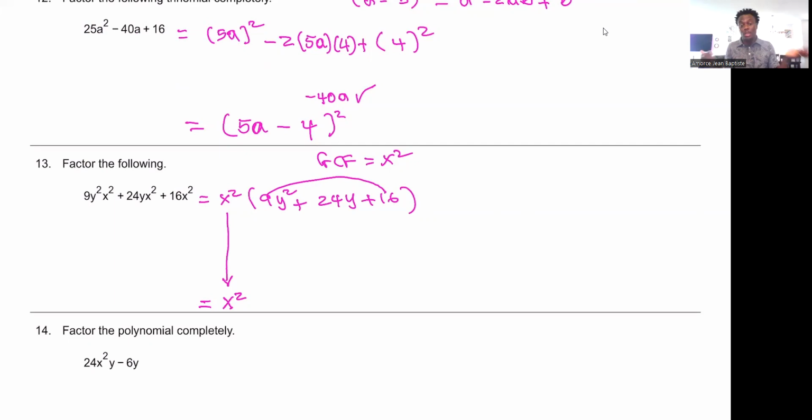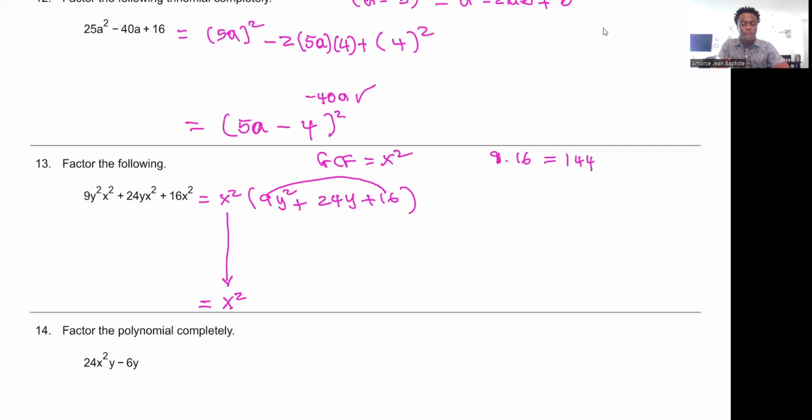Depends on whether you have multiple variables in your trinomial. So in this case, we have a, b, c. We can multiply a and c. 9 and 16. 9 times 16 equals, let's do it here, 9 times 16, that equals 144.